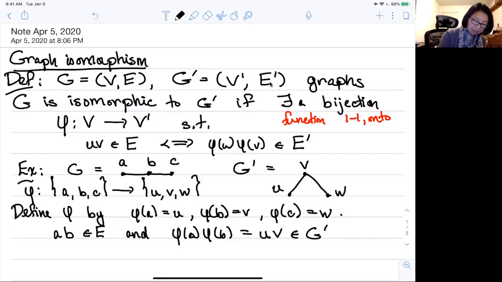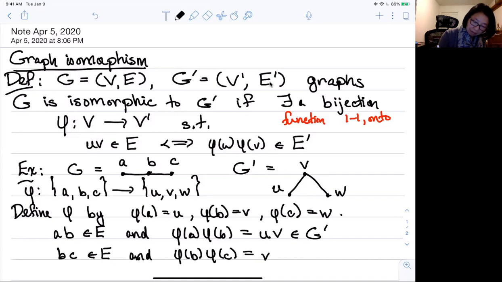The other edge in G is the edge BC, and what I see is that phi of B is V and phi of C is W, and that actually is the other edge in G prime.